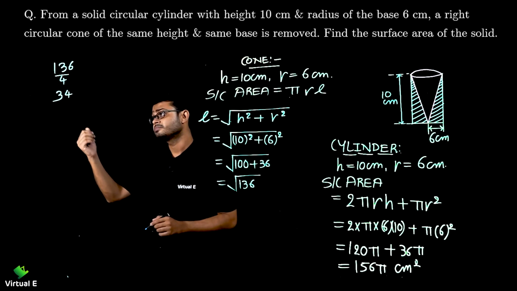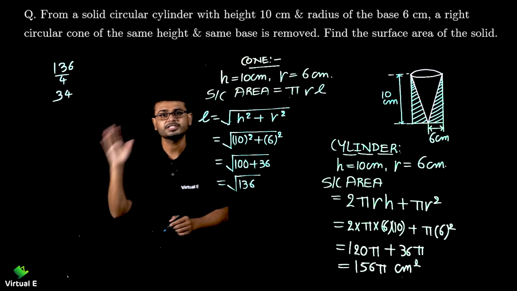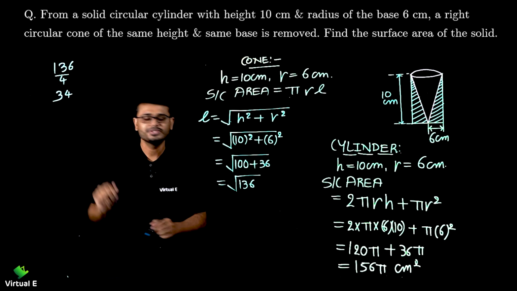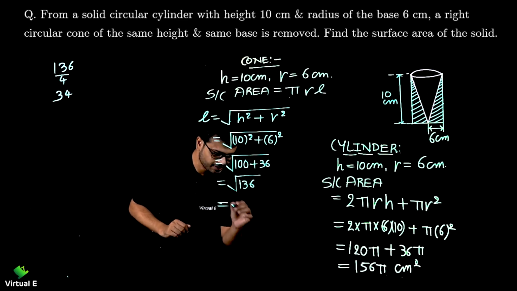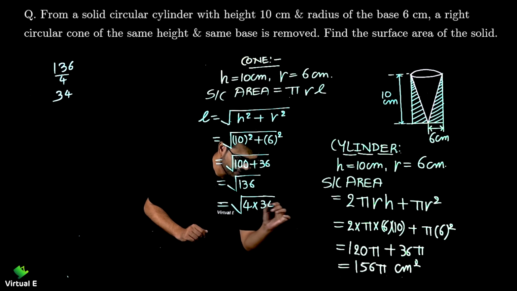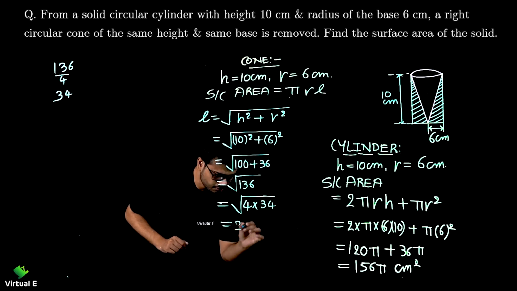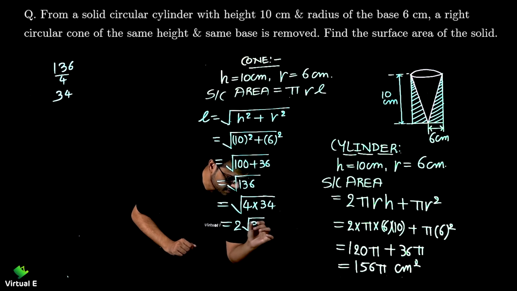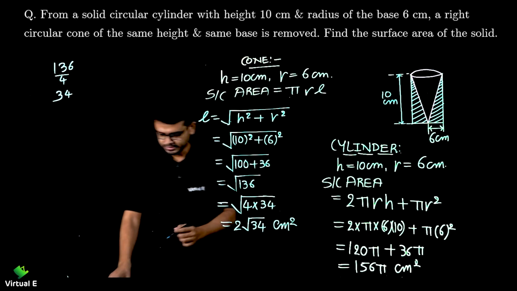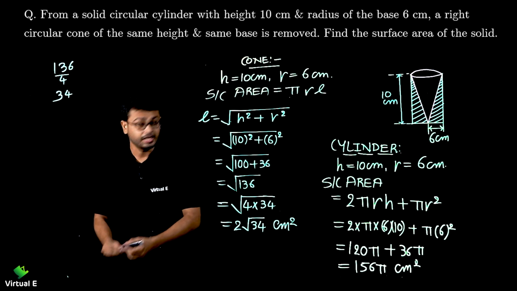Factors of 34 we know very well, that is 2 17s. 17 is a prime number and 2 is also a prime number, so we cannot do anything. Here square root of 4 into 34, so that is 2 square root of 34 centimeter. Done. So we are done with the value of L.